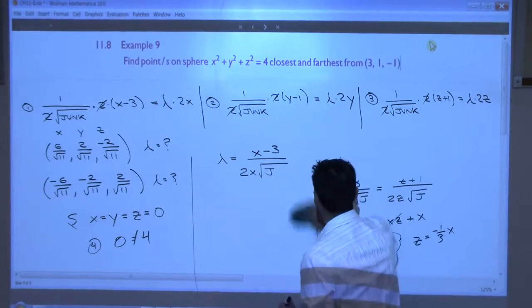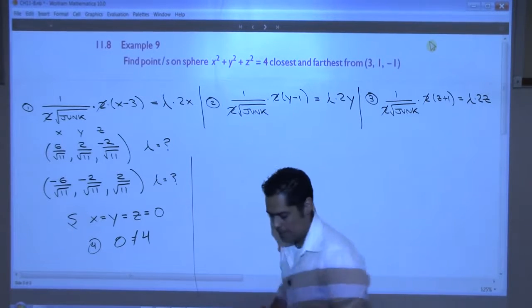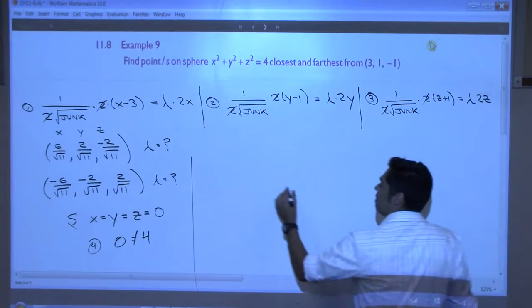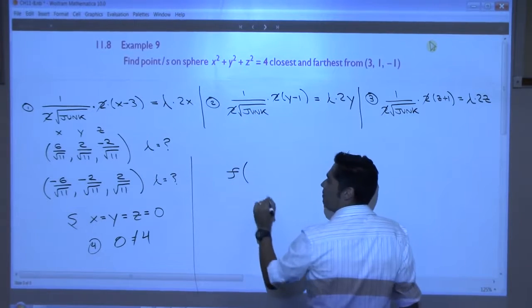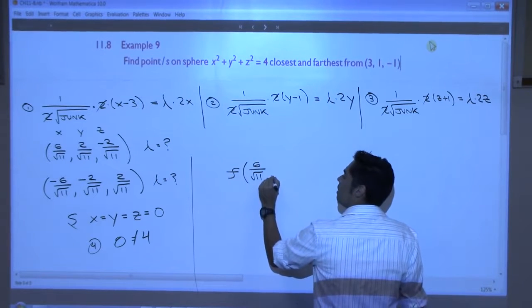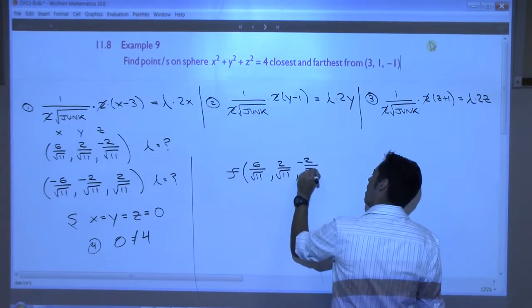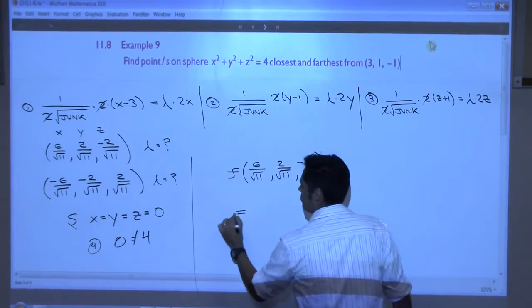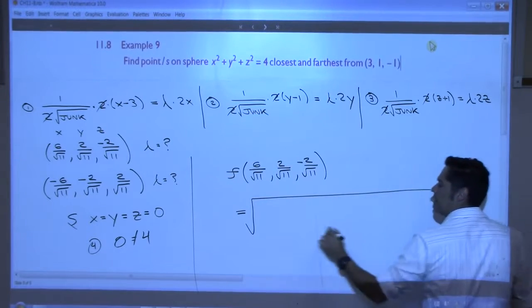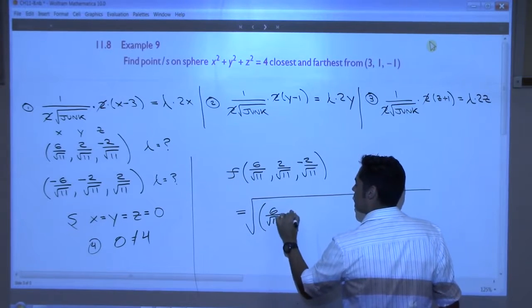All right, so let's do it. Let's try and figure out which one of these is furthest, which one of these is closest. That might be a little tough. So my function f, let me plug in the 6 over root 11, 2 over root 11, negative 2 over root 11, and I'm plugging that into the square root of x minus 3, 6 over root 11 minus 3 squared.